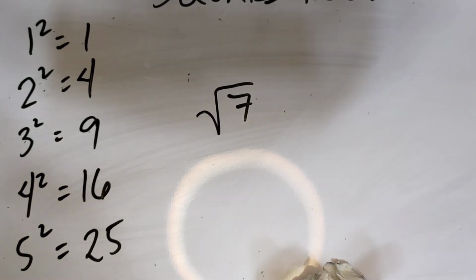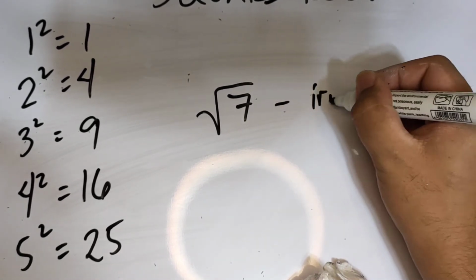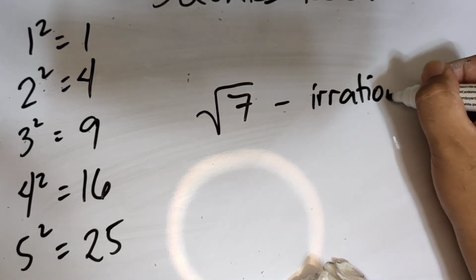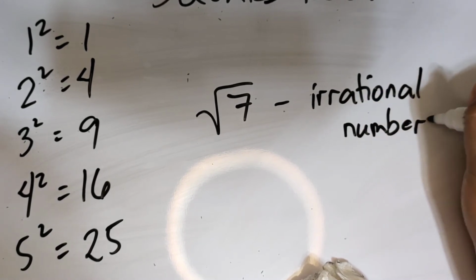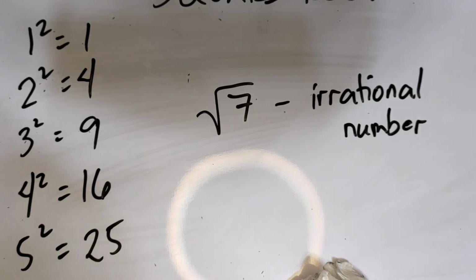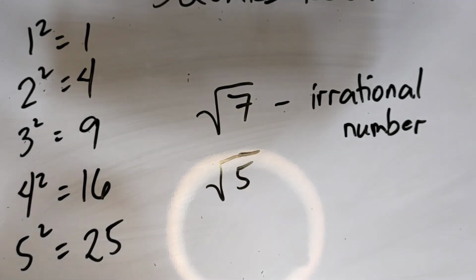At ito kapag kinuha mo ang root nito ay irrational number ang kanyang root. Okay? So, the square root of 7 is an irrational number. Same is true with square root of 5. Irrational number din ng kanyang square root.